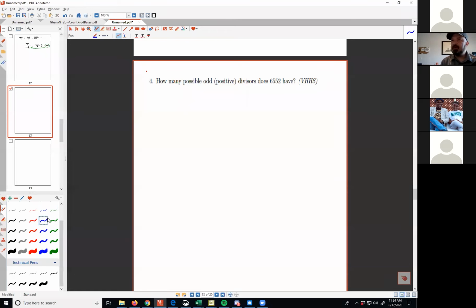What's the first thing we might do, even if we don't know what we're going to do yet in total? Prime factorizing. Yeah, let's find the prime factorization. It's 2 cubed times 3 squared times 13 times 7.